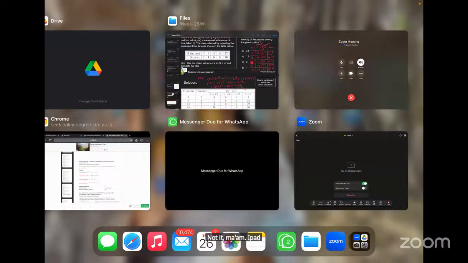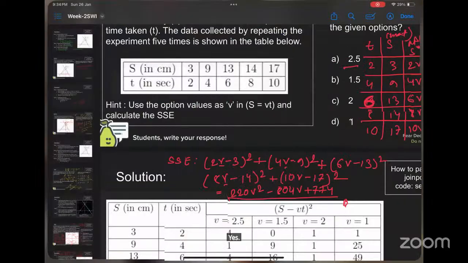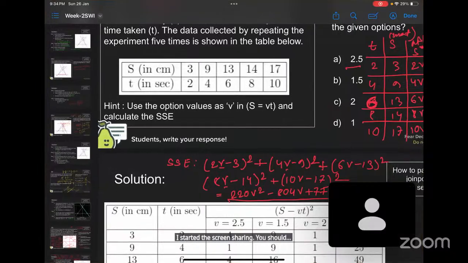Can you hear me now? Yes, ma'am. Not yet, ma'am. The iPad has started screen sharing. I have started the screen sharing. 774 has come now. Yes, ma'am.